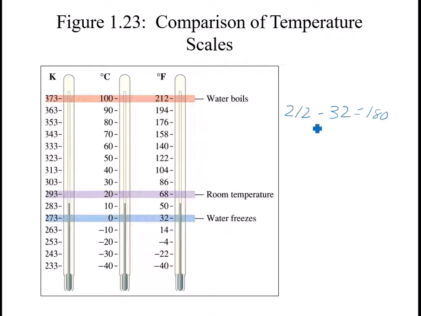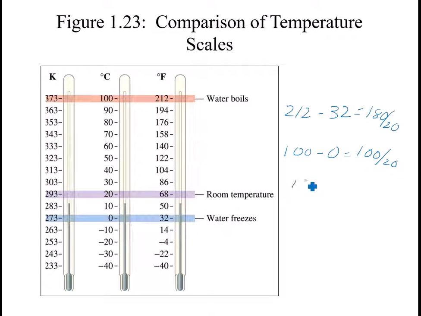If I look at Celsius, it's 100 for where it boils and 0 where it freezes, so that's a difference of 100. What's the largest common number between these two? So in other words, what can I divide both of these numbers by? And the answer to that is 20.